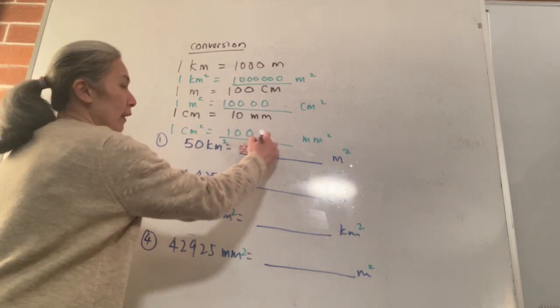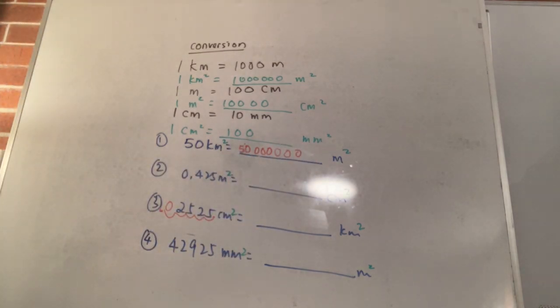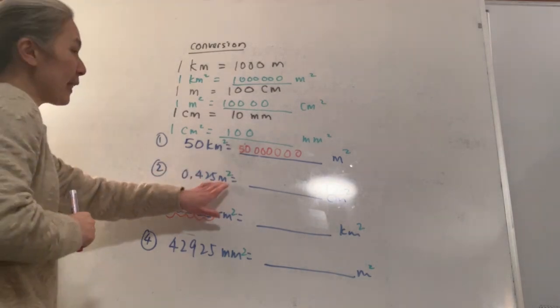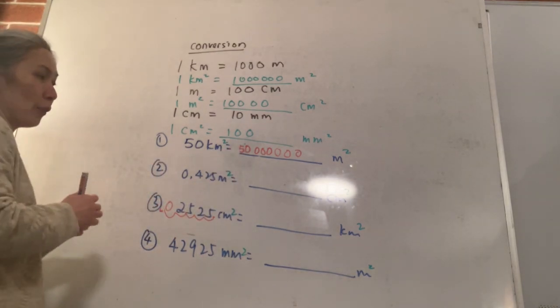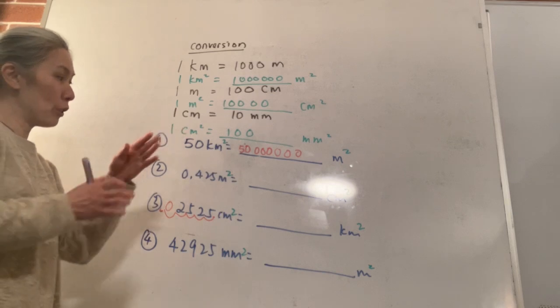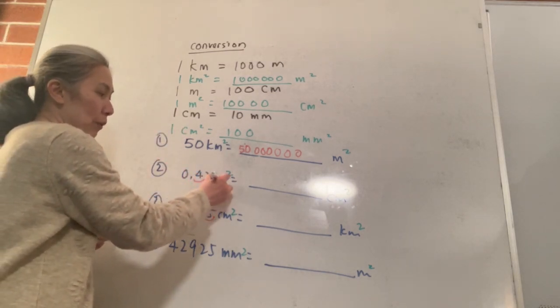So that means 50, 3 zeros, and then double up. That's how many zeros you need to put in. And this one from meter to centimeter, that means you are going to have 100. Now you need to double the zeros. So 100, that means 2 zeros, now become 4 zeros. You shift it to the right by 4. So 1, 2, 3, 4.